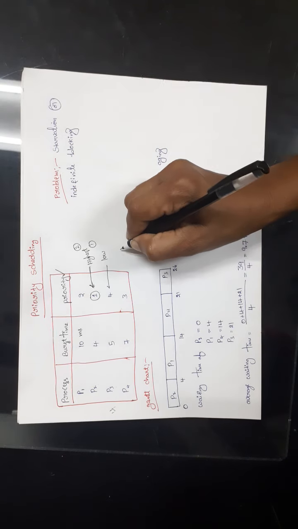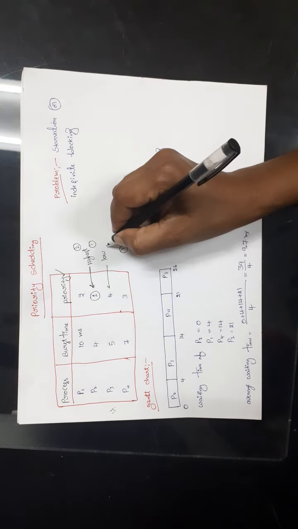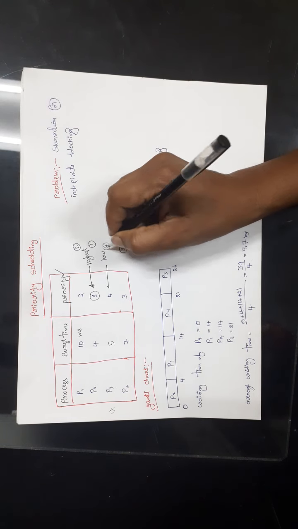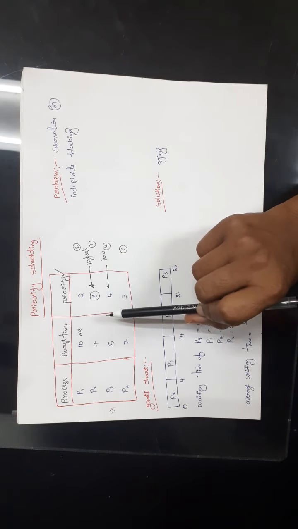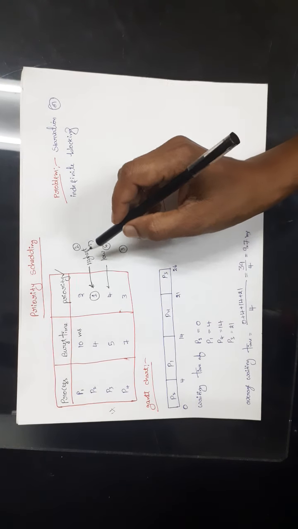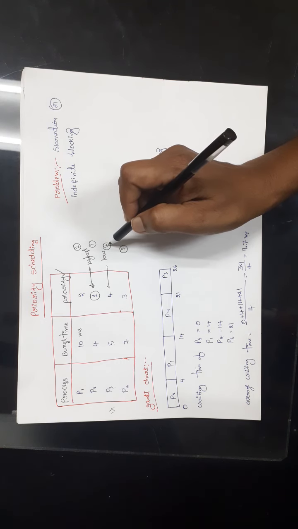After that, P4 will get the chance, and in the end P3 will get the chance. So this is the order of execution. That means in priority scheduling, we give the CPU to the processes in the order of their priorities. The highest priority process gets the CPU first and the lowest priority process gets the CPU last.